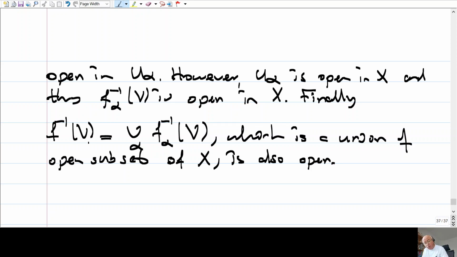So the inverse image of v under f is open, thus f is continuous. Okay.